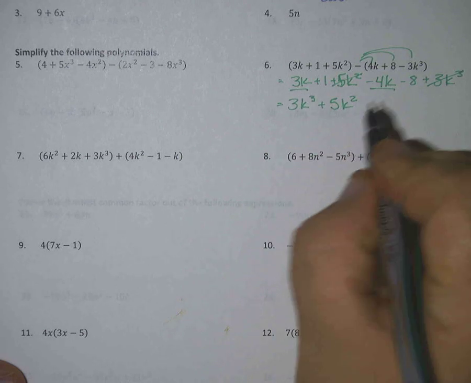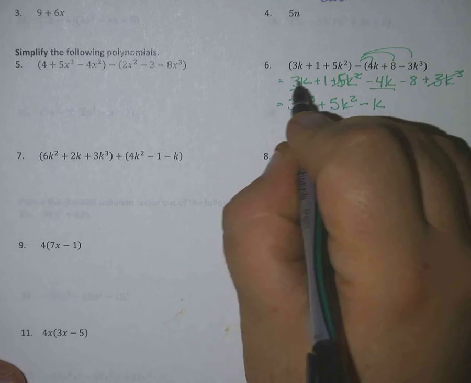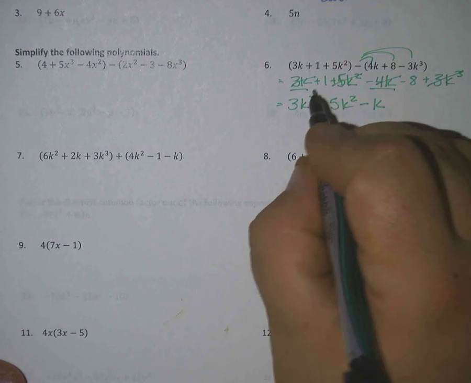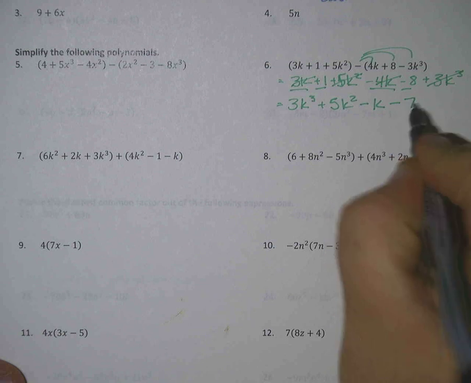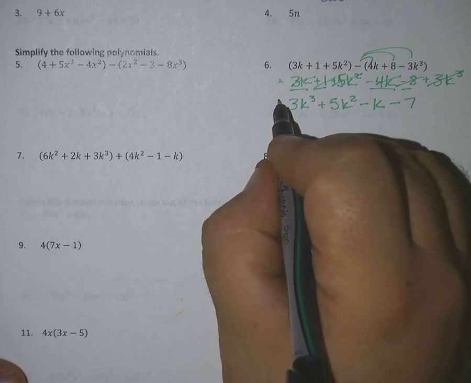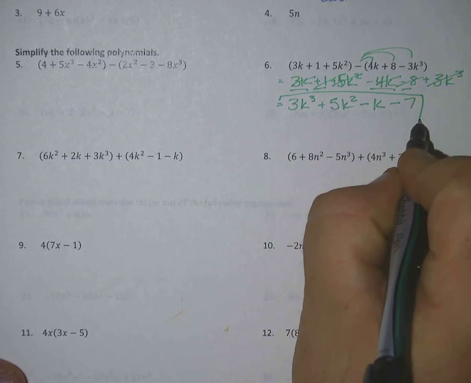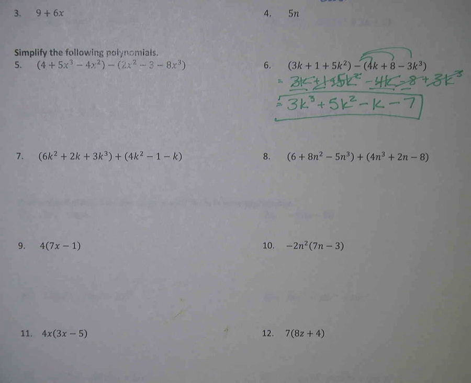I have plus 3 and minus 4, so that'll be a minus 1k. Can cross those off. And then I have a plus 1 and a minus 8, which will leave me with minus 7. And I can cross those off if I wish. So that'll be my answer right there, written in standard form. Always the way you should answer any sort of polynomial questions.